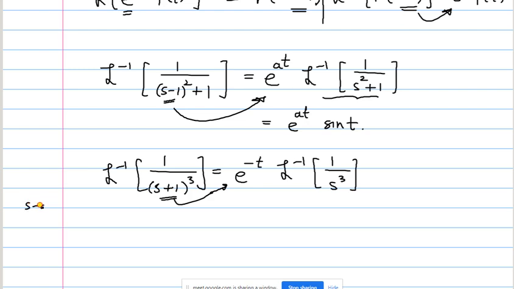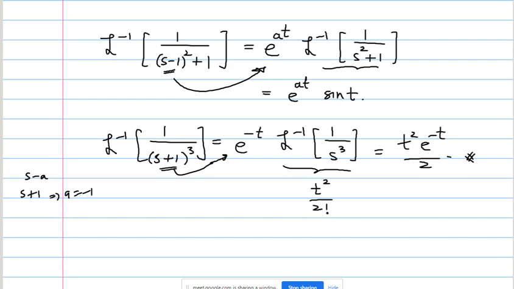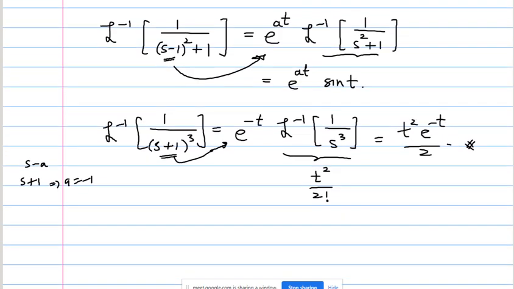You see, I need s minus a. If s plus 1 is written, it means a is minus 1. So that I put here. Now I know that this is t square divided by 2 factorial. Okay, so I got t square e to the power minus t divided by 2. That's my answer. So I may ask you one question where you have to use this property.